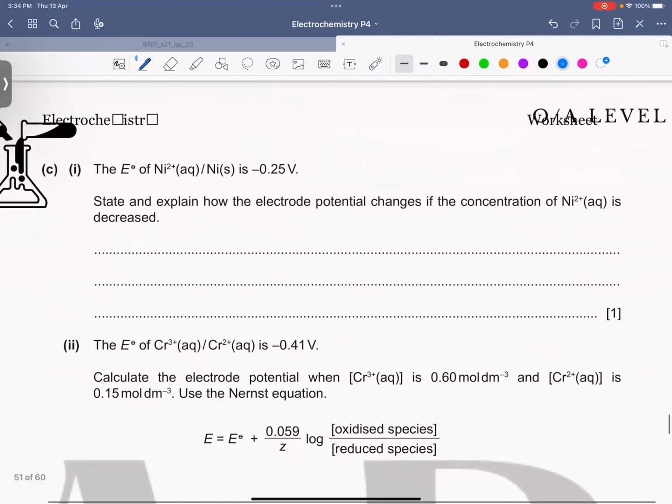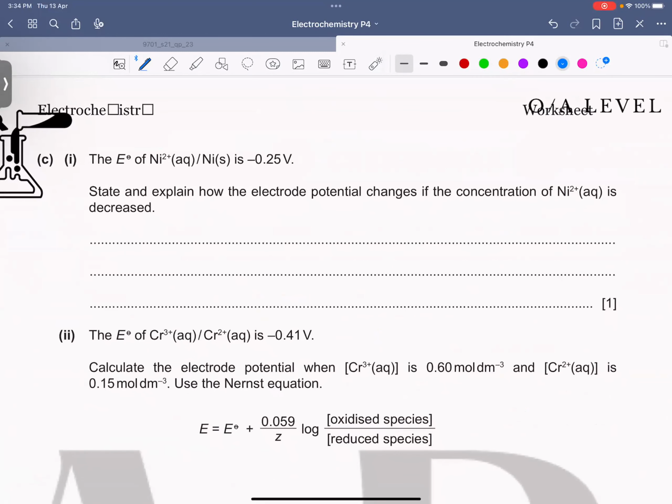Okay, now next part. The E naught of nickel 2+ and nickel is minus 0.25 volt. State and explain how the electrode potential changes if the concentration of nickel 2+ ion is decreased.